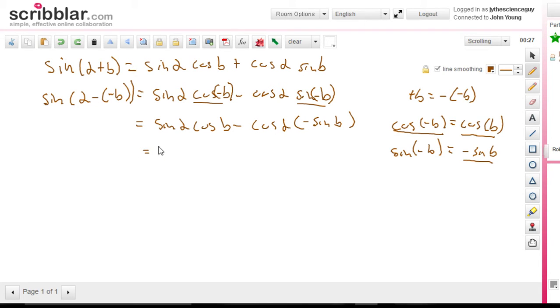So I can say that the sine of alpha cosine of beta minus a negative sine beta cosine alpha. I have a negative times a negative, which makes a plus, because those two things cancel one another. So then I get the sine of alpha cosine of beta plus the cosine of alpha sine of beta.